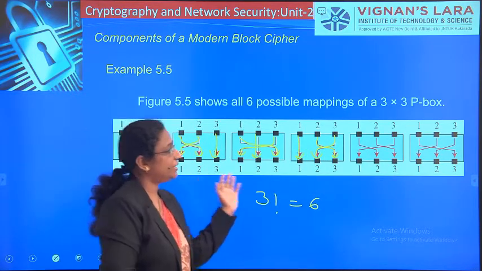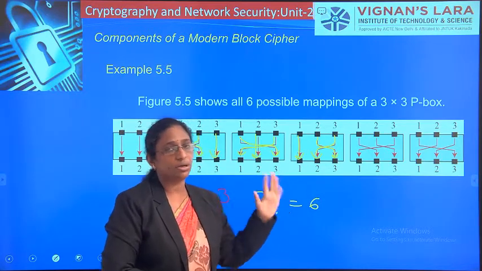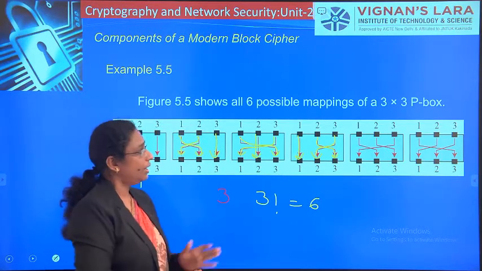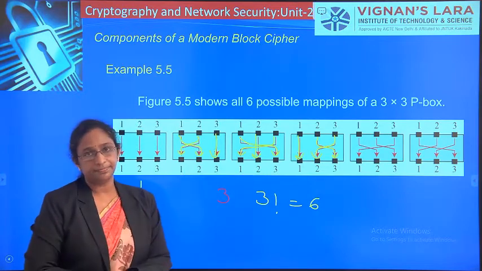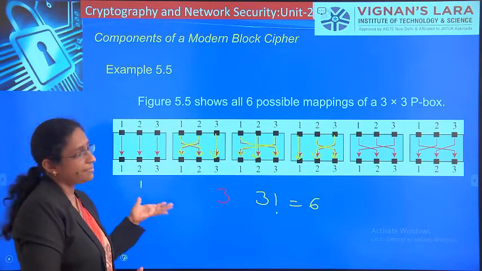The 6 possible permutations are shown in this figure, so any possible mapping can be done.